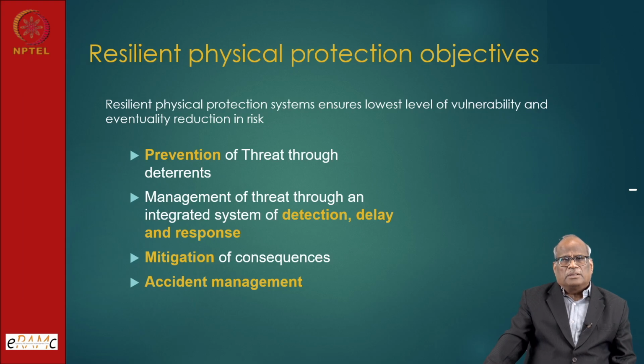Then the second objective of having a strong physical protection system is that it should be able to detect in time such that our reserve security forces can be put into operation, and at the checkpoint, critical point, we are able to neutralize the threat. This has connotation to detection, delay and response, and then mitigation of consequences.